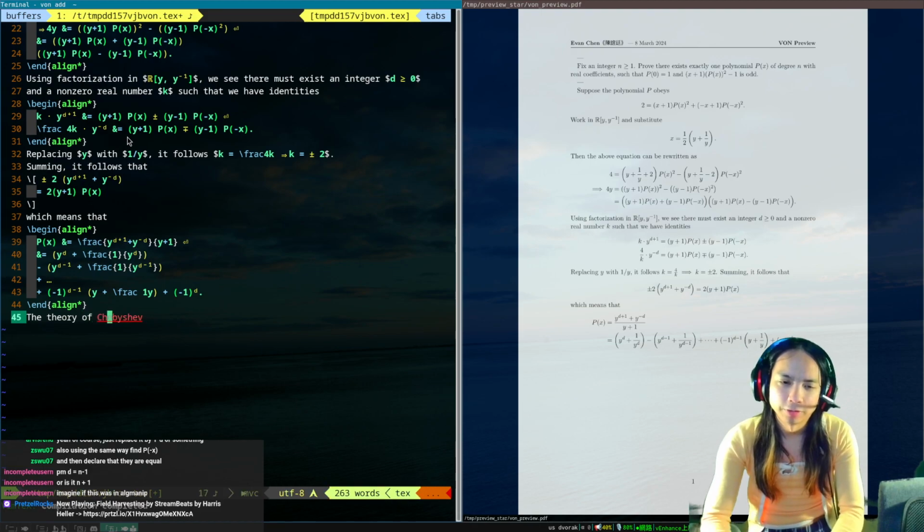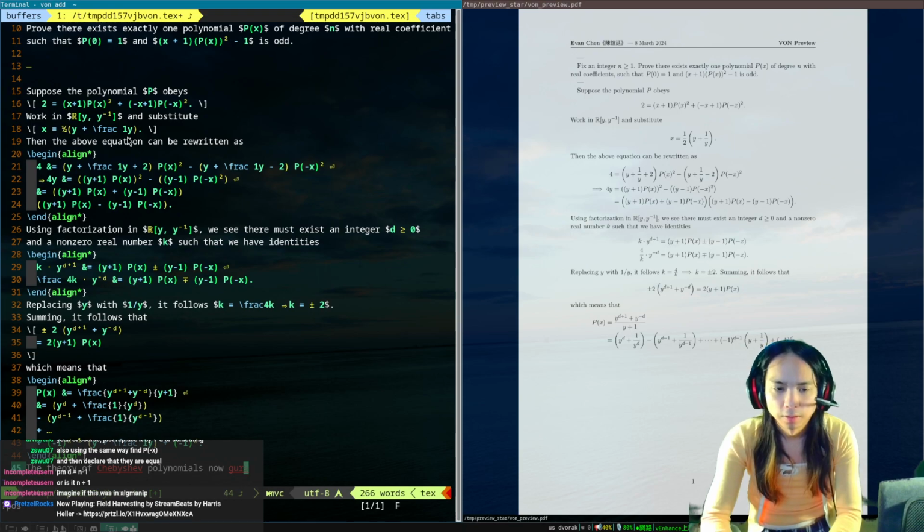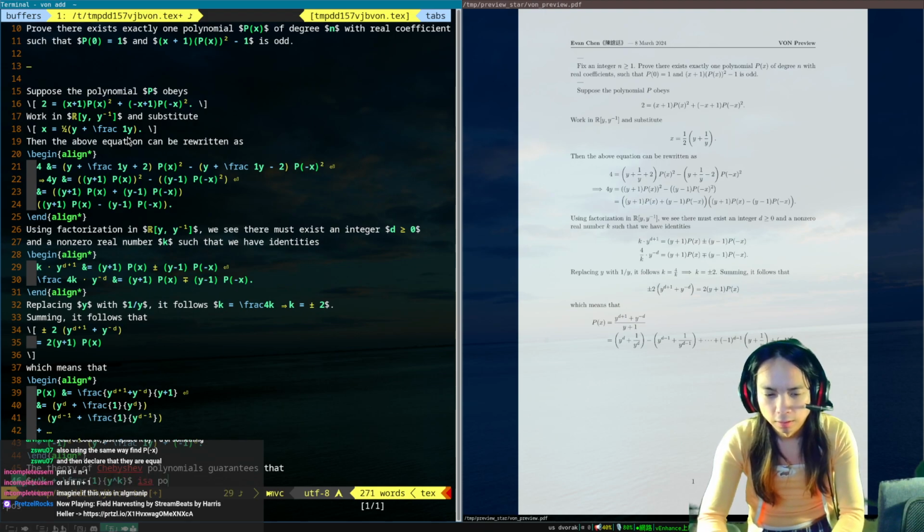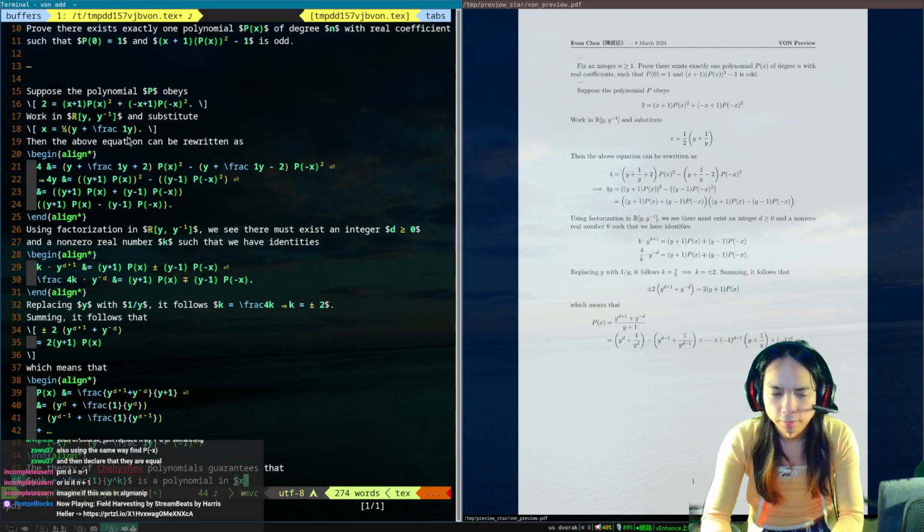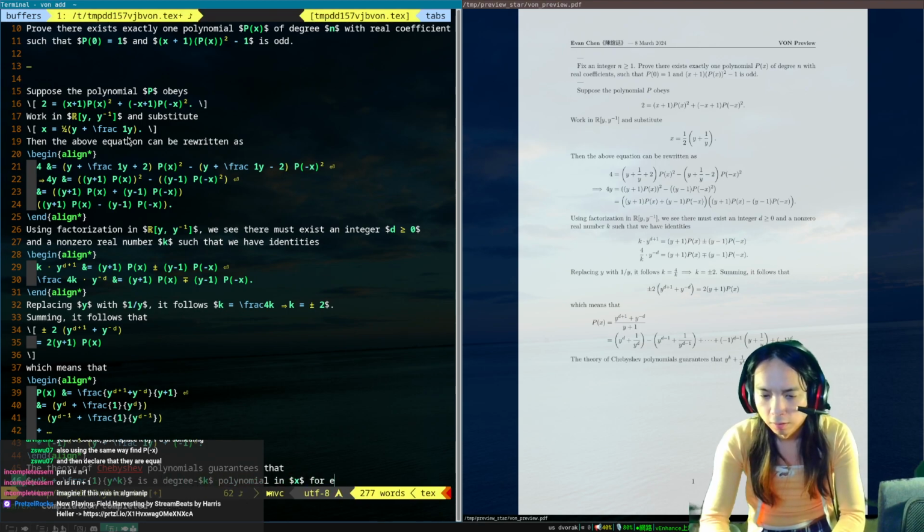So anyway, the theory of Chebyshev polynomials now guarantees that y to the k plus y to the minus k is a polynomial in x for each k at least 0.